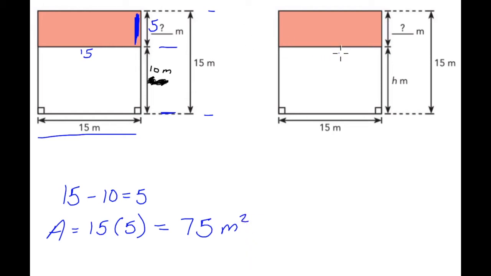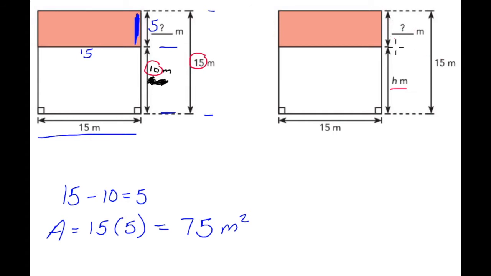Now let's look at it algebraically. So on the algebraic side here, it's not 10 meters, it's h meters. When we were doing it with numbers, we had 15 minus 10, so we took this full length and subtracted this piece to find the remaining piece. So we're going to do the same thing here.